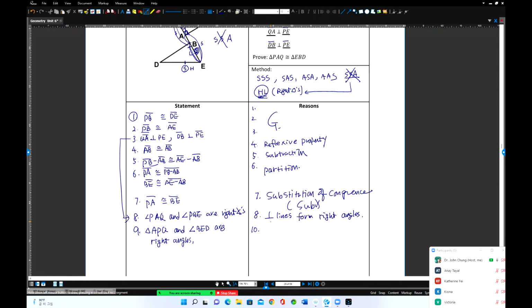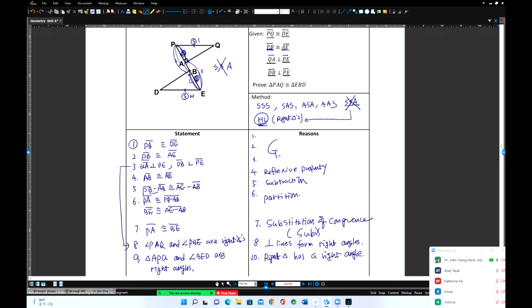The reason is what? Right triangle has a right angle. That's why the triangles are right triangles. Now we got the right triangle, and we got the hypotenuse over here instead of S. This is hypotenuse, leg. Okay.